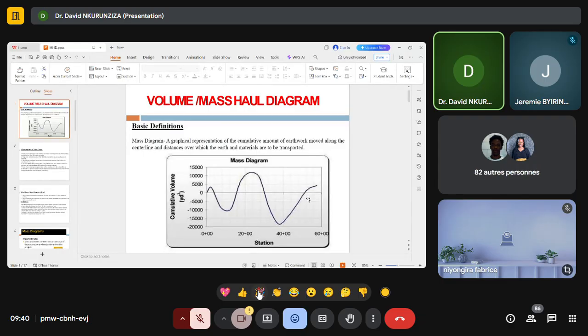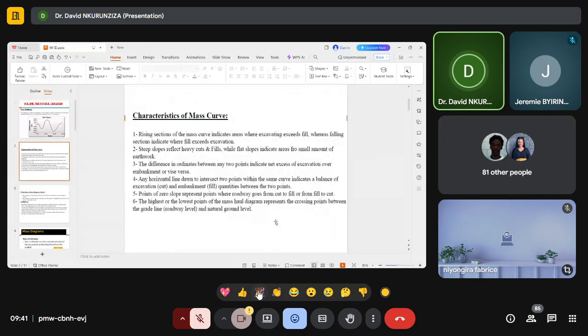And we have also said that there are points of zero slope here, there, there. These points of zero slope indicate that we are changing from cut to fill or from fill to cut. So these are the characteristics of the mass haul diagram for the moment.